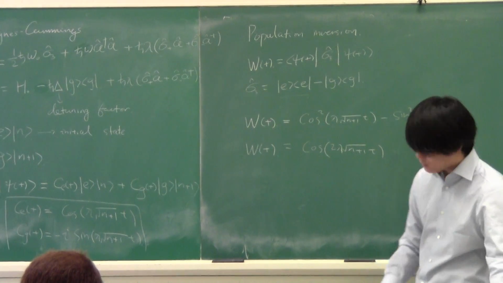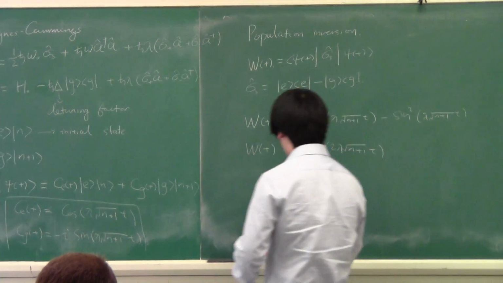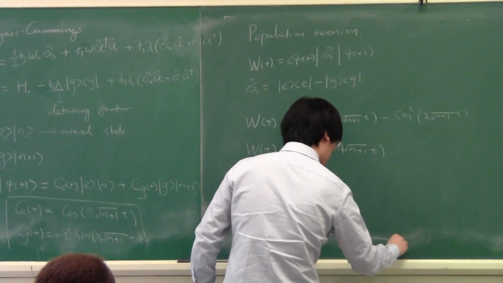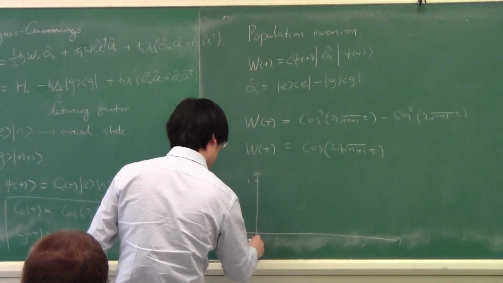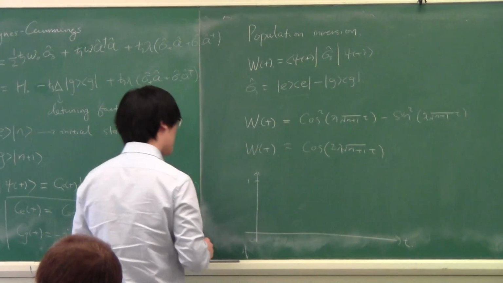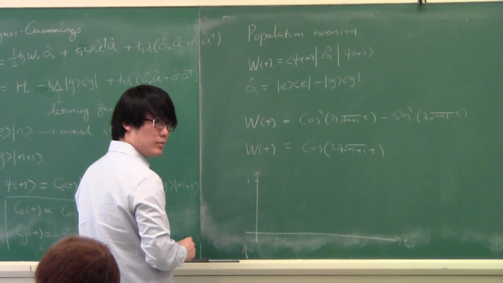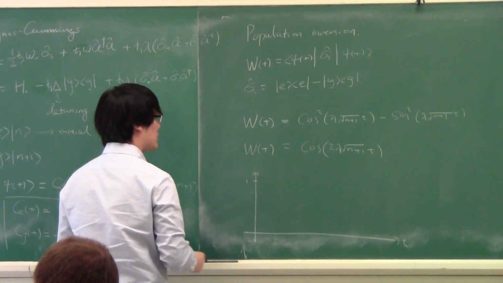No, that's it. So what does this tell us? If I were to draw a plot, if we started in the initial state, meaning that the atom was in the excited state.